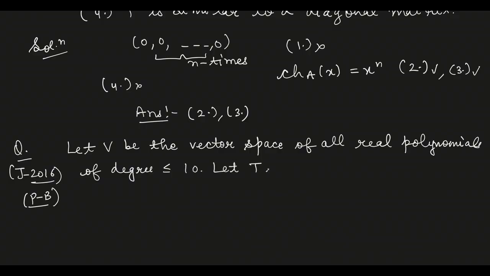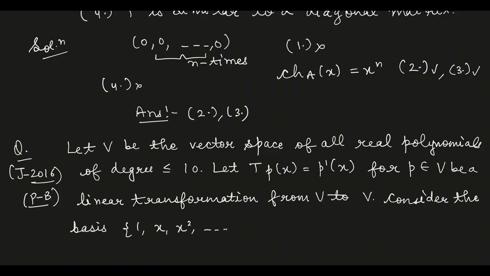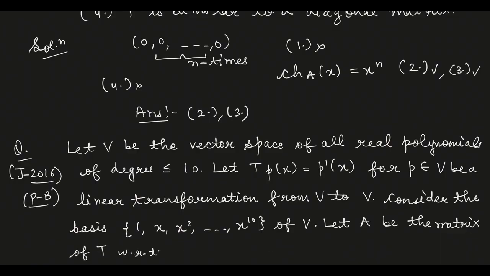Let T(p(x)) equal p'(x) for p belonging to the vector space V be a linear transformation from V to V. Consider the basis, and let A be the matrix of T with respect to this basis.